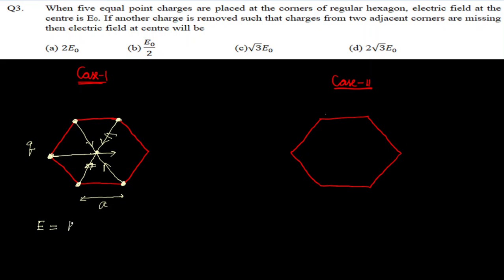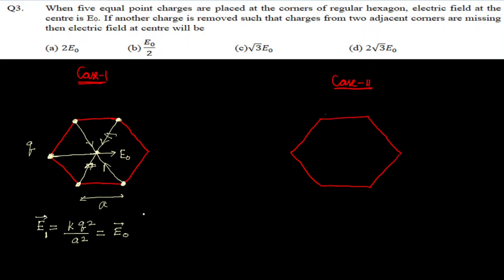E will be K Q divided by A square, and in the question it is written that the electric field can be represented as E naught. So E naught is the electric field at the center because of a single charge Q, and this will be the direction of E naught. Okay, so let me write it this way, as the field due to 1 charge, E1.